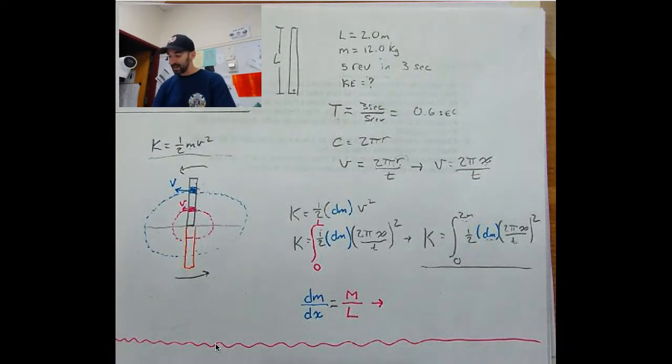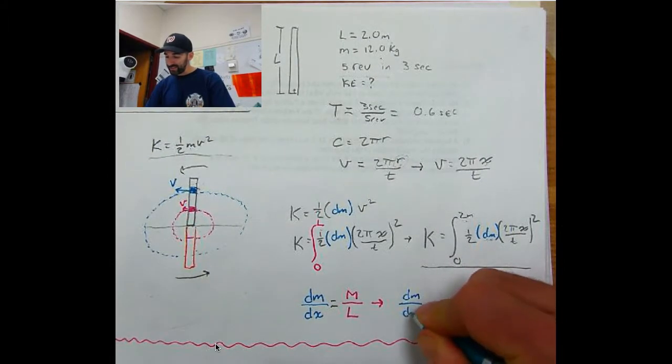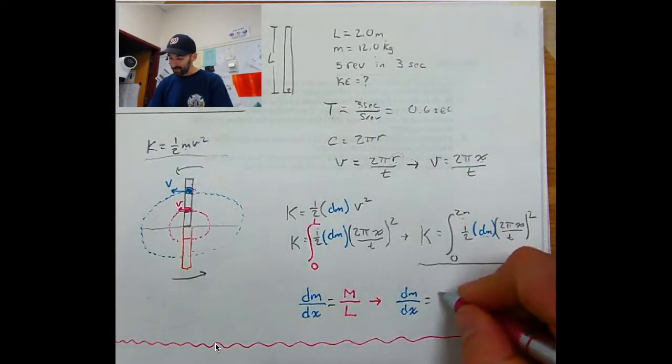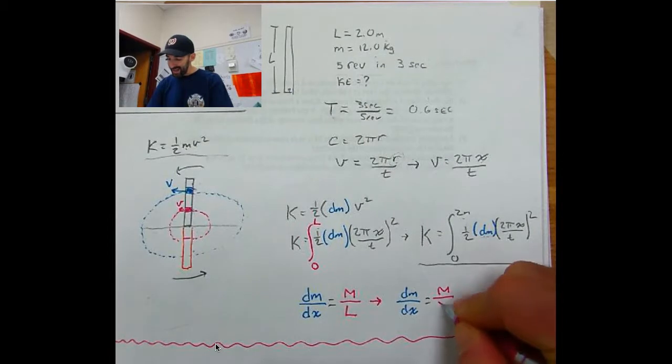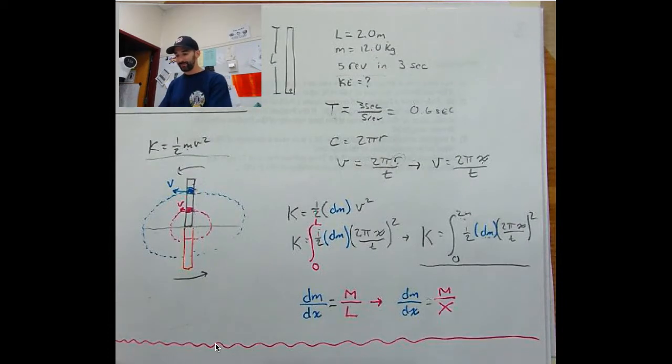In general terms, I would say my differential mass unit is equal to the entire mass of the bar times any x, any length of the bar. Doesn't matter what bar I have, that's always going to be true.